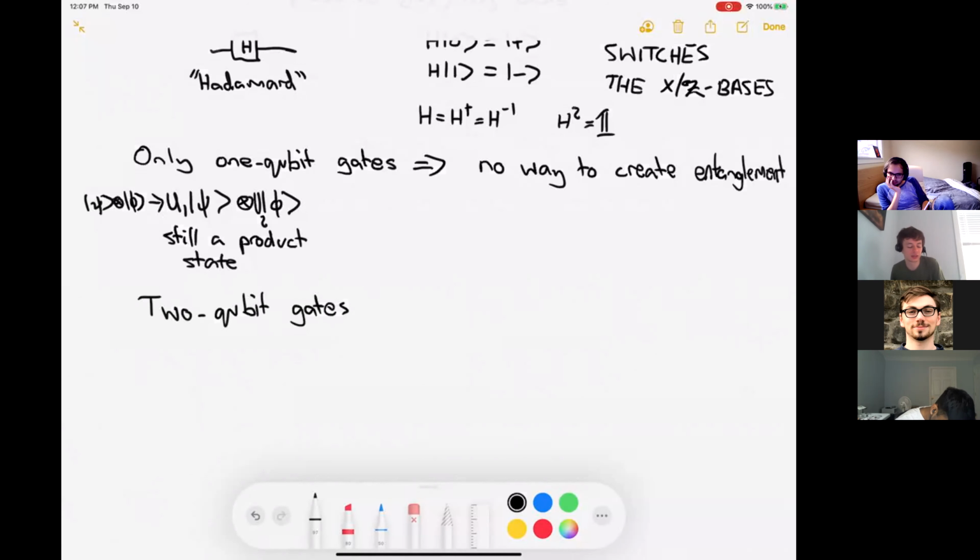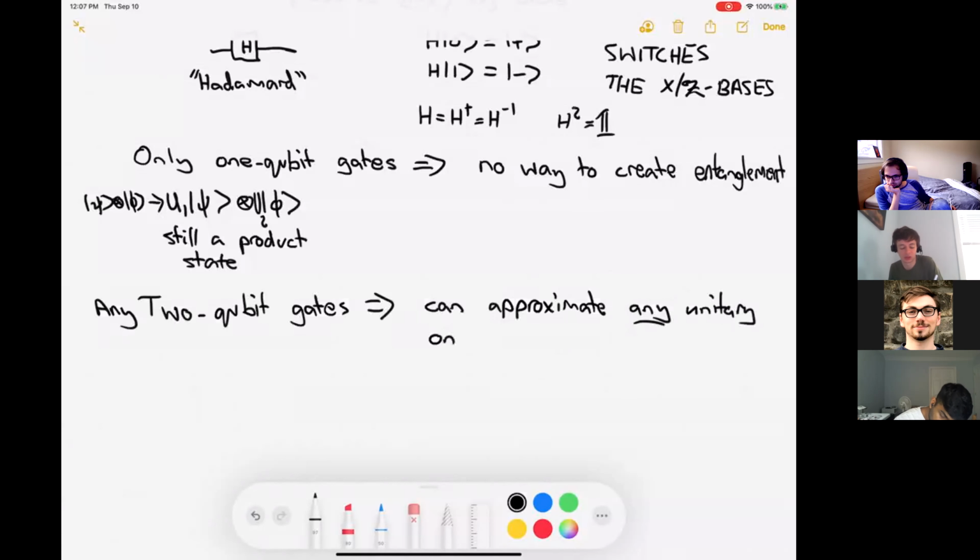And in fact, with any two qubit gates, by combining enough of them together, we can approximate any unitary on arbitrarily many qubits.